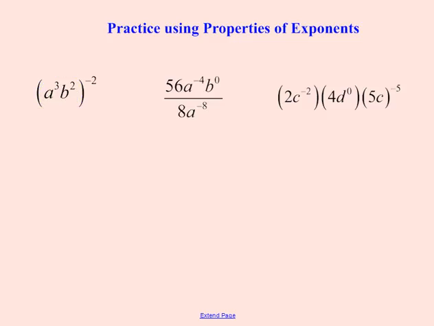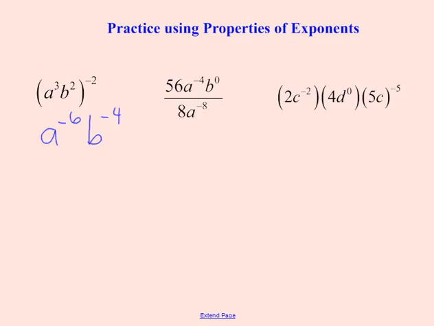And the power rule tells me to multiply exponents. So I'm going to do that. a to the third raised to the negative 2, I need to multiply 3 times negative 2 and get a to the negative 6th. Then I have b squared raised to the negative 2, and that will give me b to the negative 4th.